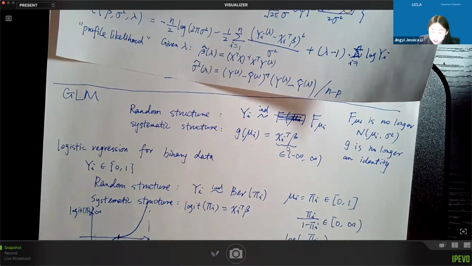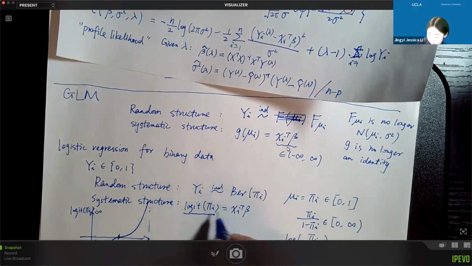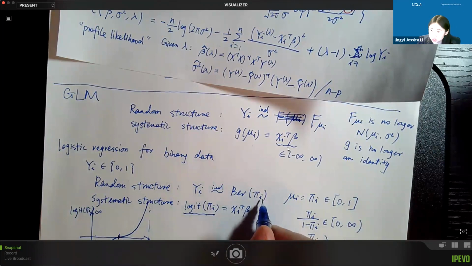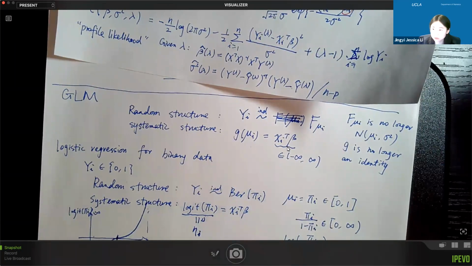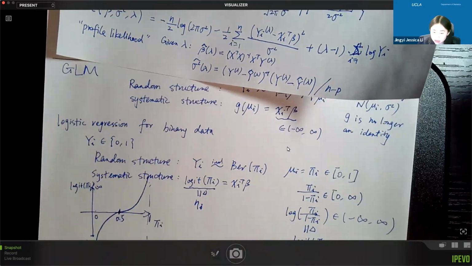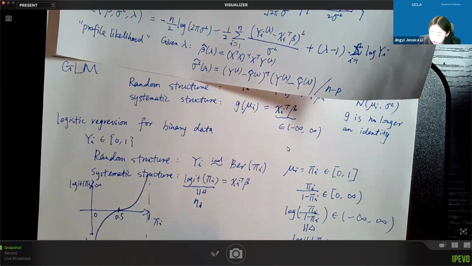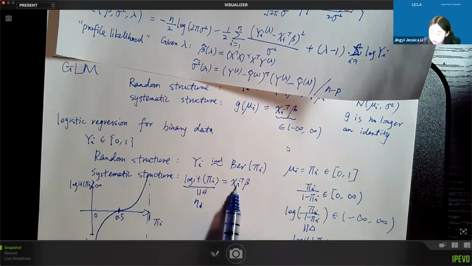Okay, so in the context of GLM, usually people give this transformed mean parameter of the ith observation, ith response, a notation called eta I, just for notation convenience. So this eta I is directly assumed as a linear function.